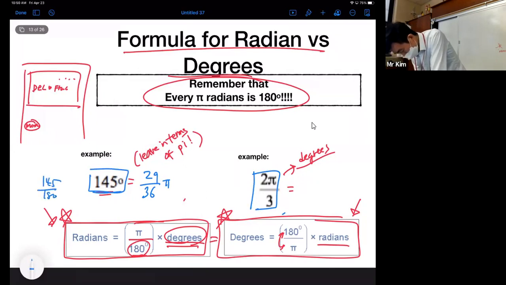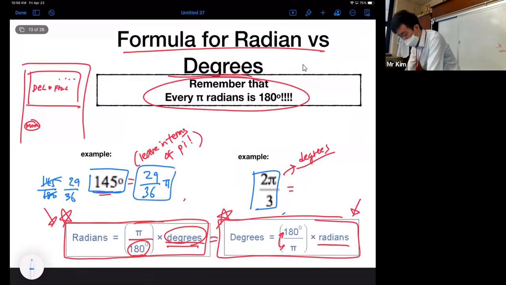I have to use the calculator for this one. Oh, excellent. So 29 over 36 pi, that should be the correct way to do it.